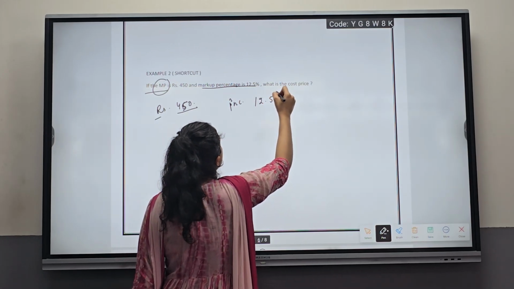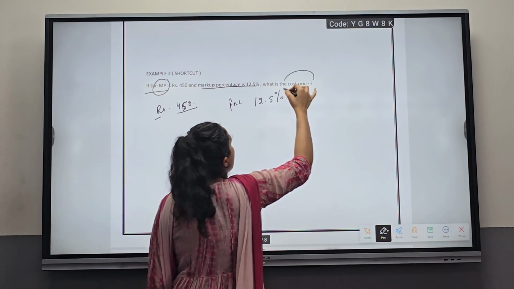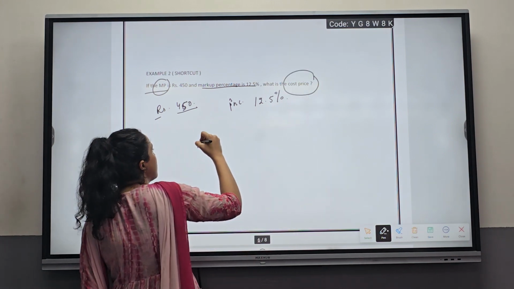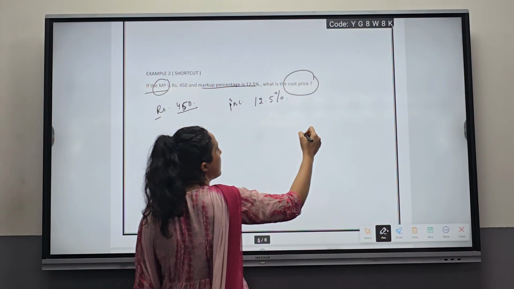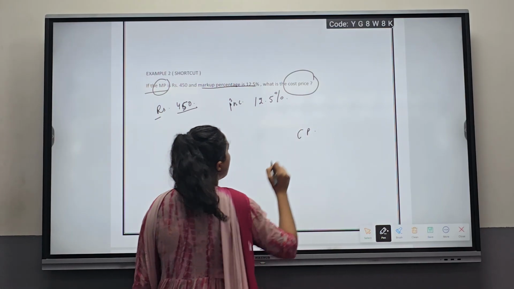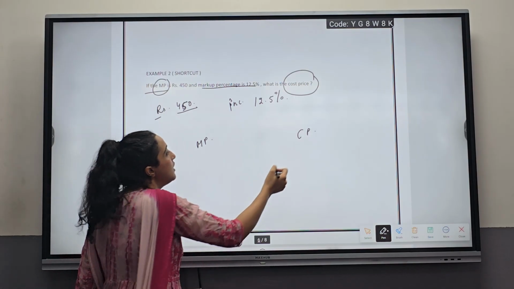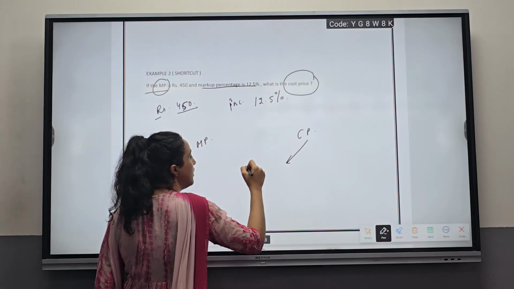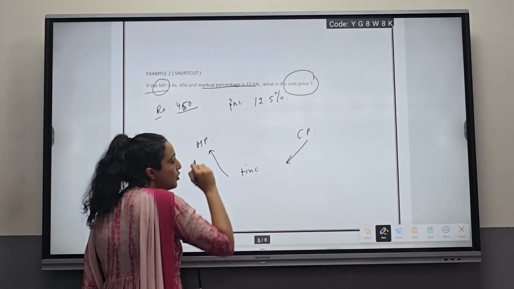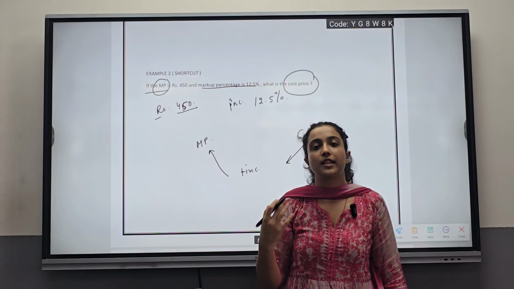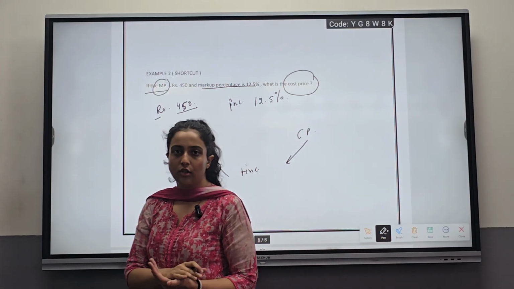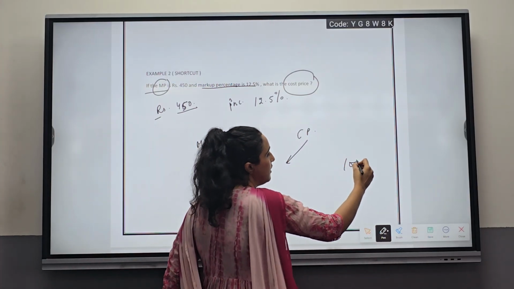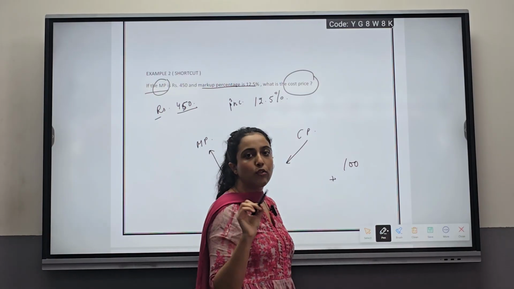Increase of 12.5%. What is the cost price? So you know, this is your marked price, this is your cost price. We increase some amount, then we go to the marked price. For example, you purchase something for 100 rupees, and then you say, okay, I want to mark it.